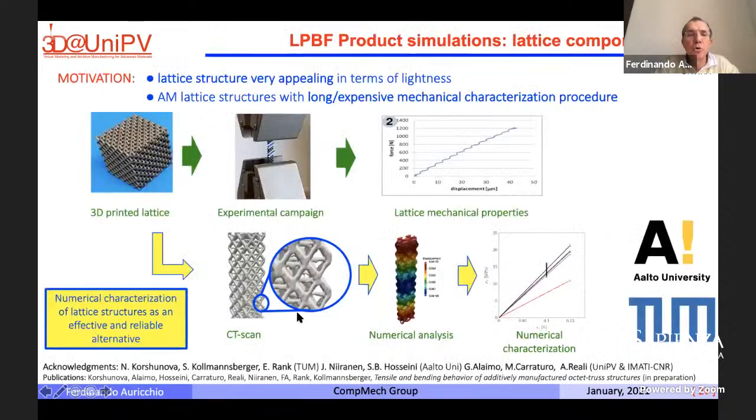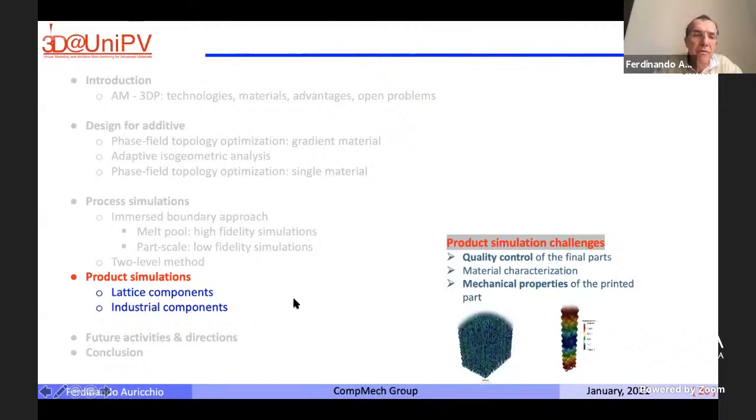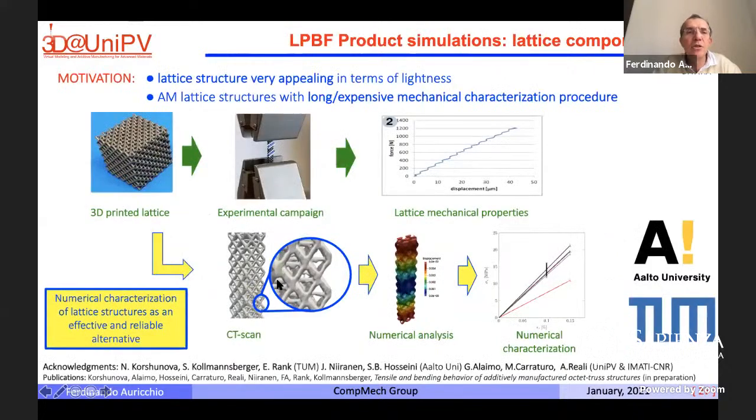And here I'm showing two different areas of activity. One is more research oriented, and the other is more industrial, toward an industrial collaboration. In terms of research, we are looking at lattice structures.